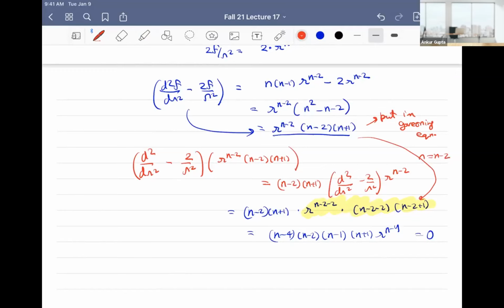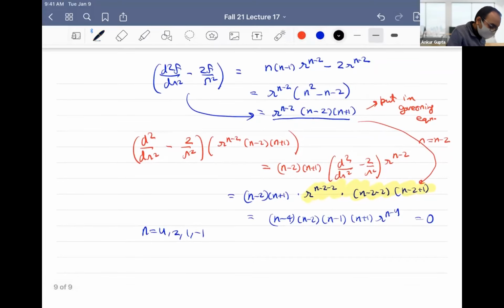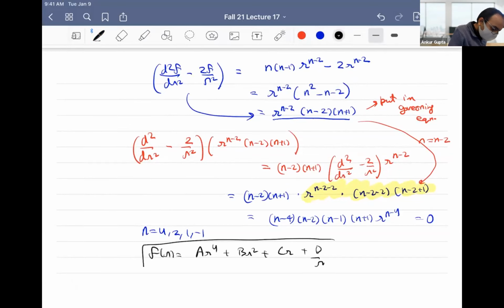So all of this hard work finally gives us the solution that I can expect n to be 4, 2, 1 minus 1, and finally, that means f of r is a r to the 4 plus b r squared plus c r plus d by r, where a, b, c, d have to be found through boundary conditions.